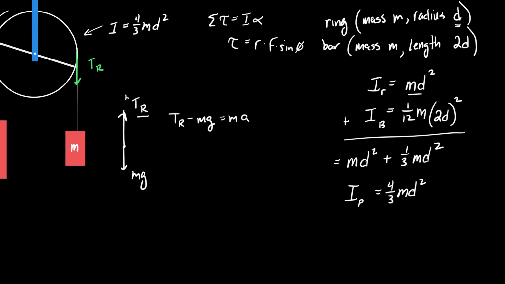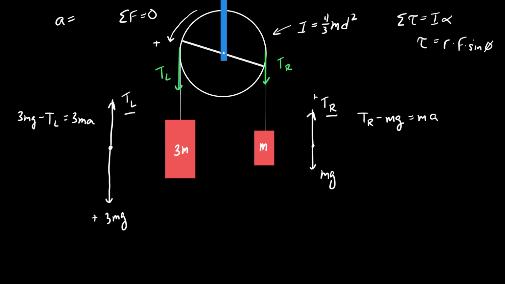You're going to be putting in your moment of inertia. You're going to be substituting a over R here, but you'll need to figure out what R represents and do the substitution correctly. And of course, figuring out what each of the two tensions are.